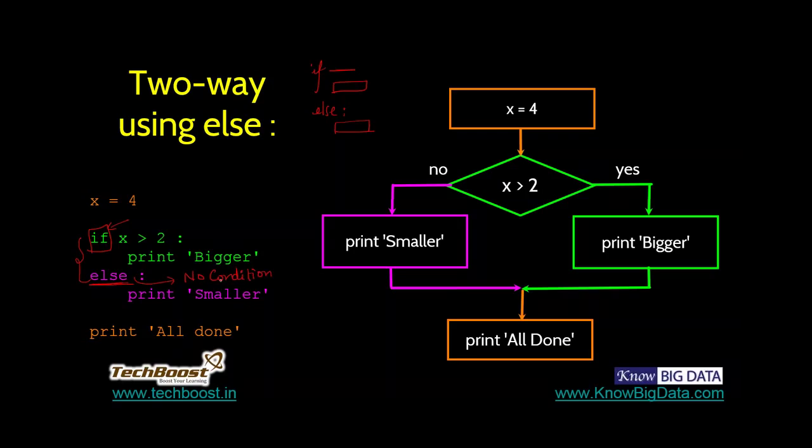Why does it not have a condition? Because else always follows an if. Else cannot come standalone. So else will be preceded by an if to complete a two-way decisional statement. We will say if x is greater than 2, we print that it is a bigger number. Otherwise, else.